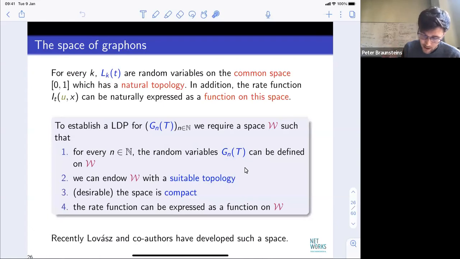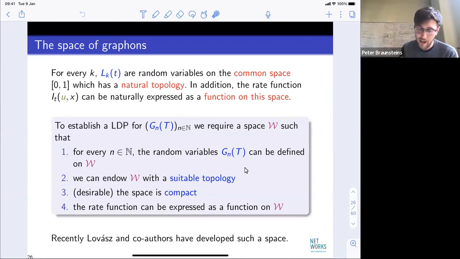We also want this space to be compact, because we would like to use small ball arguments. We'd be able to take any closed or open set and cover it with small balls. And we also want the rate function to be easy to express on this space, and lead to variational problems that we can solve.